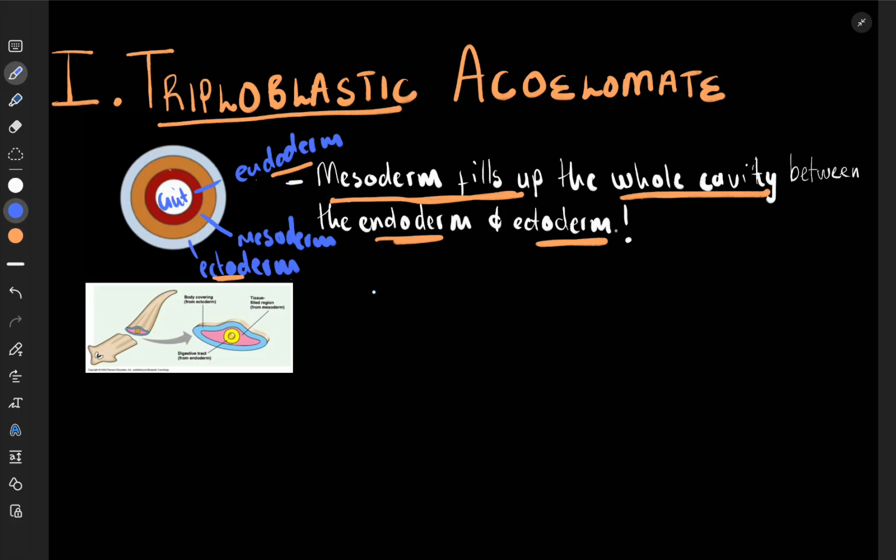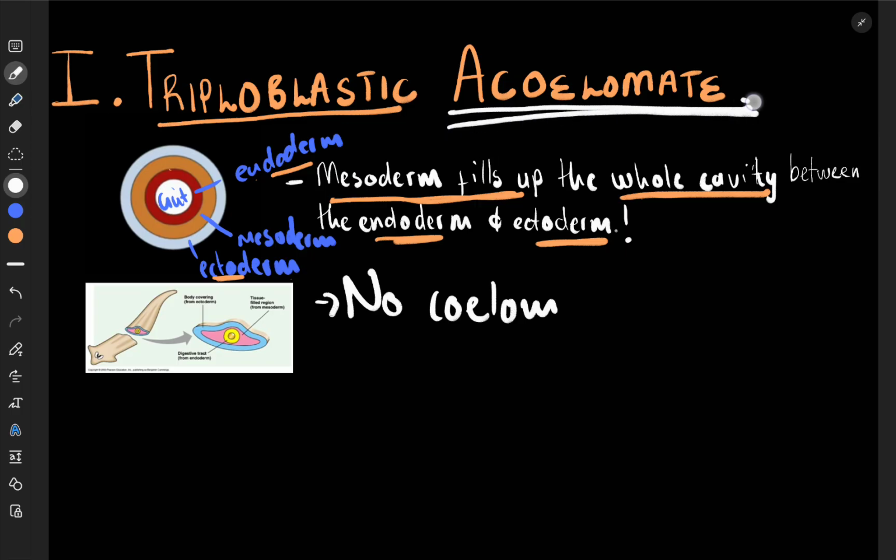And there's no other space. So in here we have no coelom, no coelom. Don't forget, it's coelom. That's the first type of triploblastic animal. And we'll call it an acoelomate. Okay, acoelomate means there is no coelom, right?